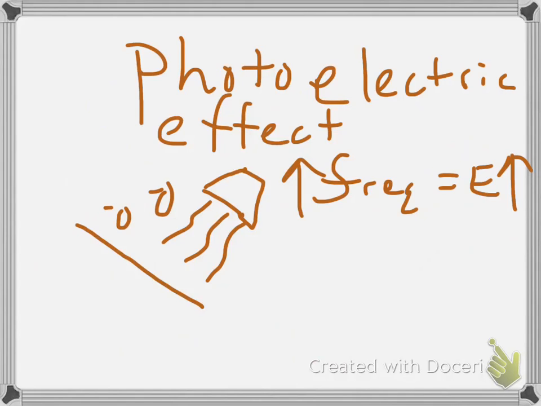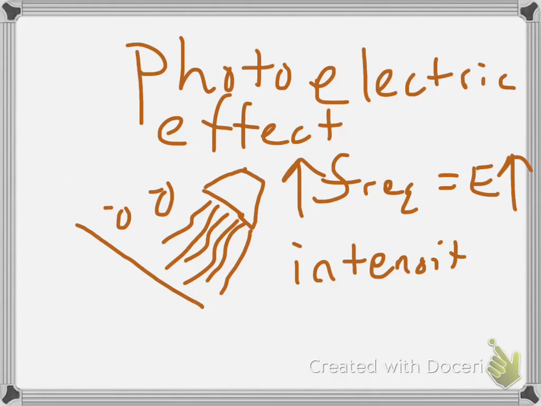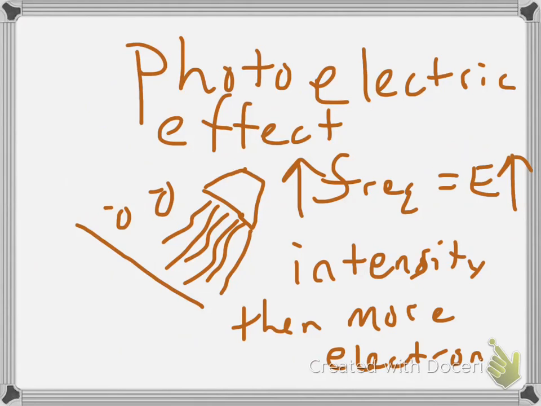Now, if we make the light brighter, so there's more light coming in, increase the intensity, if the intensity goes up, that's an I, by the way, then there's just more electrons. All right. So the frequency makes them travel faster, the intensity makes them emit more.